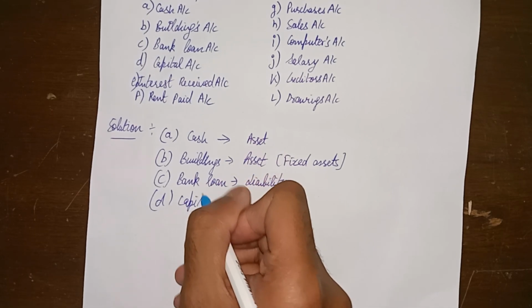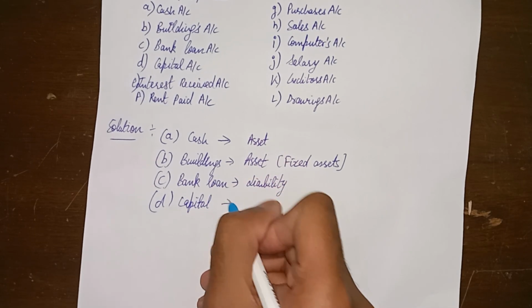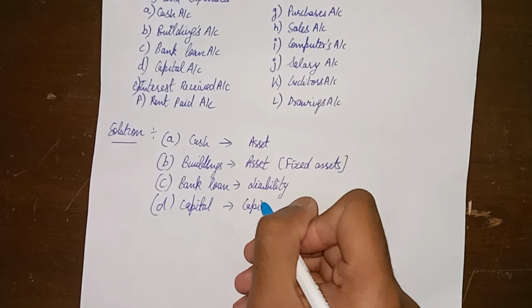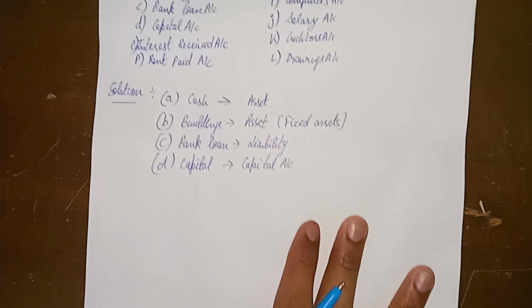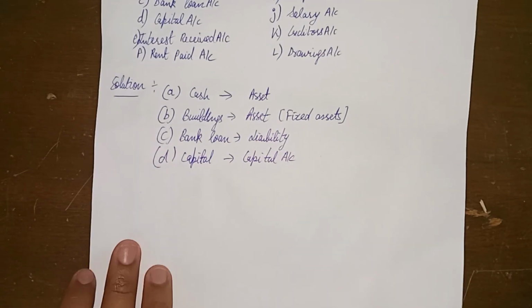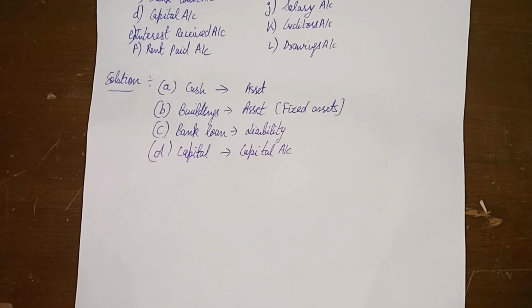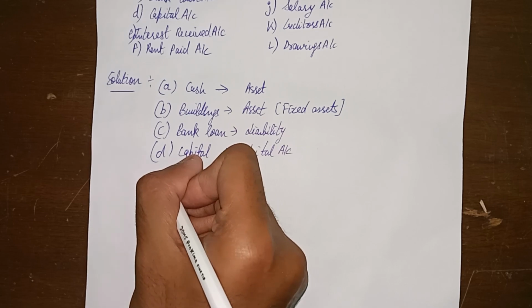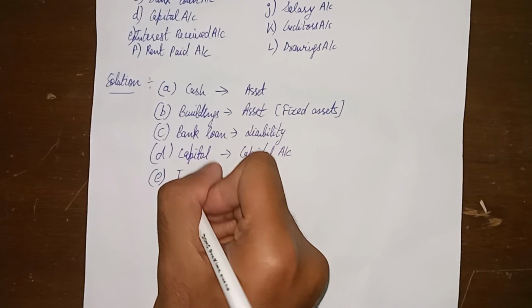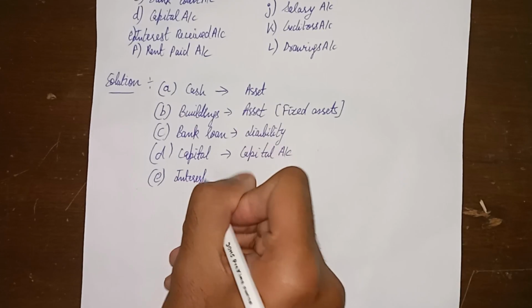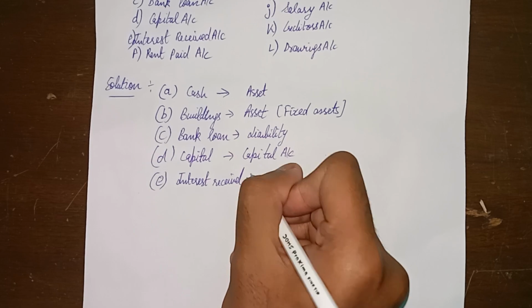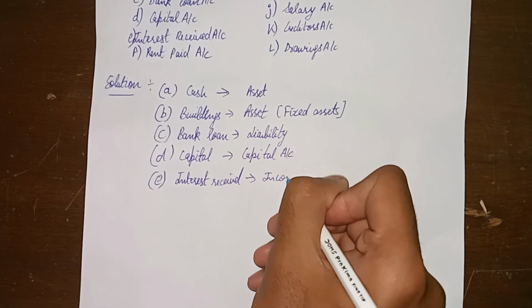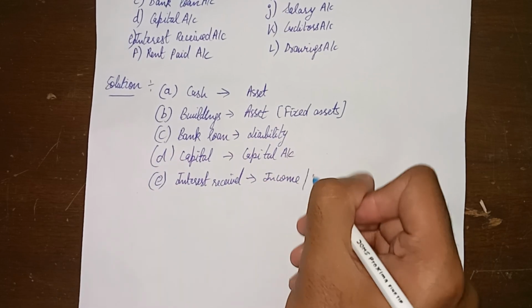The next one, capital. Capital will go to the capital account. Okay guys, so the next one, interest received. Interest received is an income, or revenue.